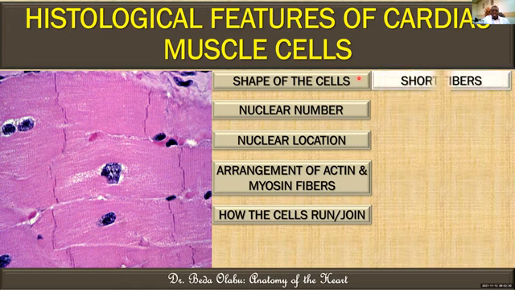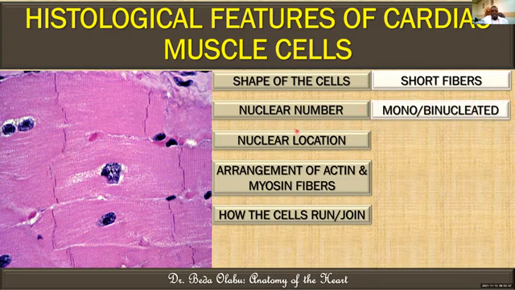For cardiac muscle, the cardiac muscle cells are short, as you can see, from there to there, from there to there. This is especially to distinguish them from skeletal muscles, which are usually elongated. The other parameter we check is the number of nuclei in the cell.